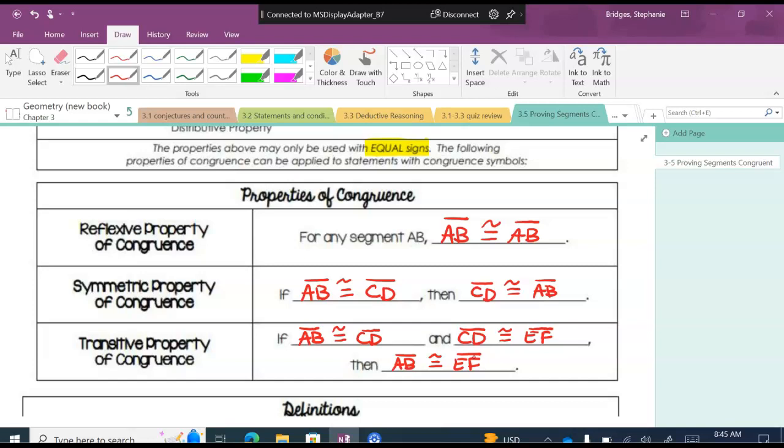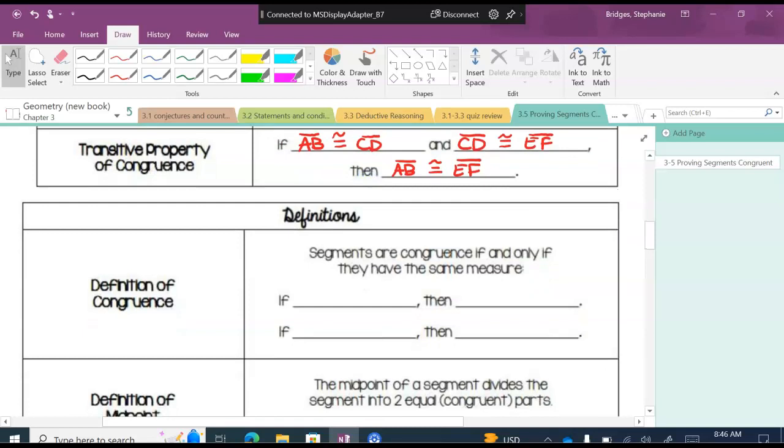It's only used for equality. So we cannot ever use substitution as a reason if we're talking about things being congruent because it's not a property of congruence. The only properties of congruence are the reflexive, the symmetric, and the transitive. Are we kind of okay? All right.